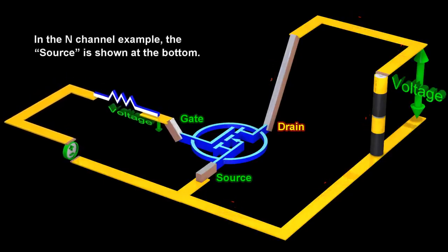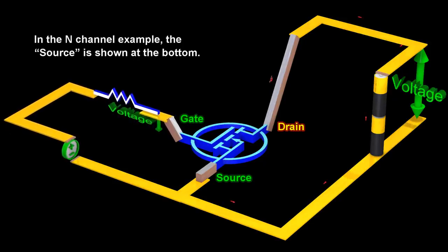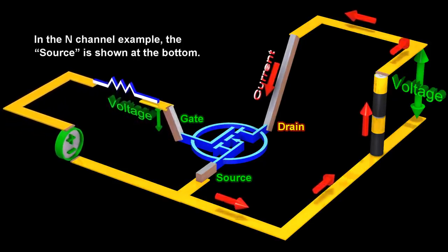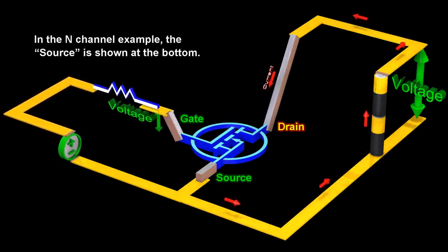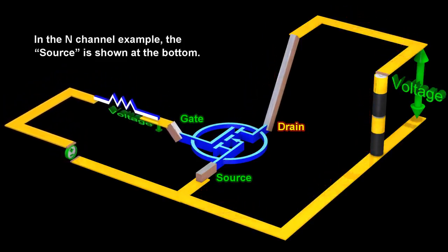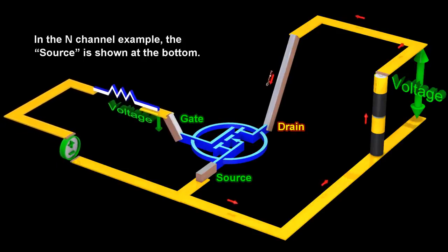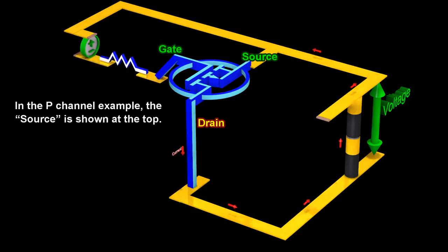In the N-channel example, the source is shown at the bottom. In the P-channel example, the source is shown at the top.